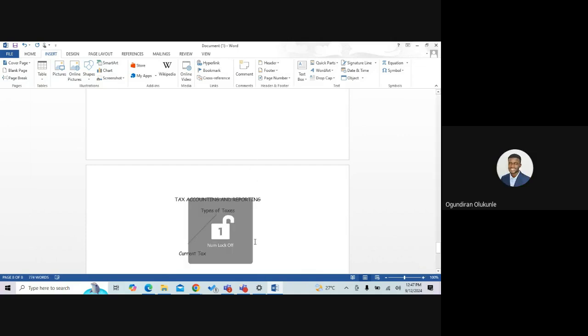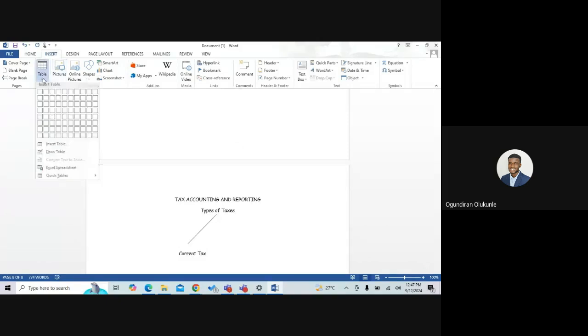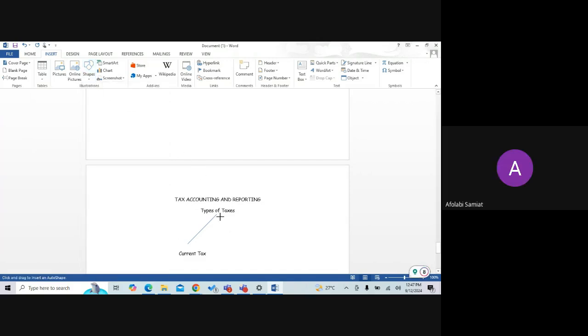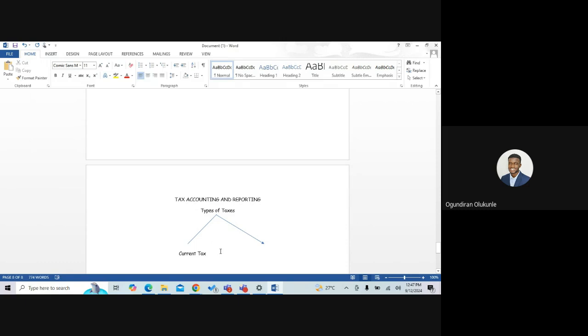And then the second type that we have is called deferred tax. So those are the two broad classifications of taxes.